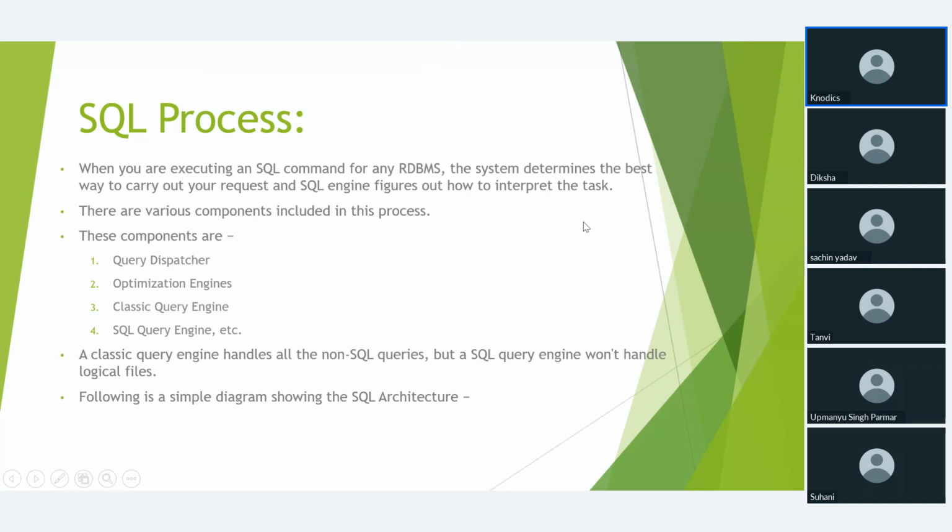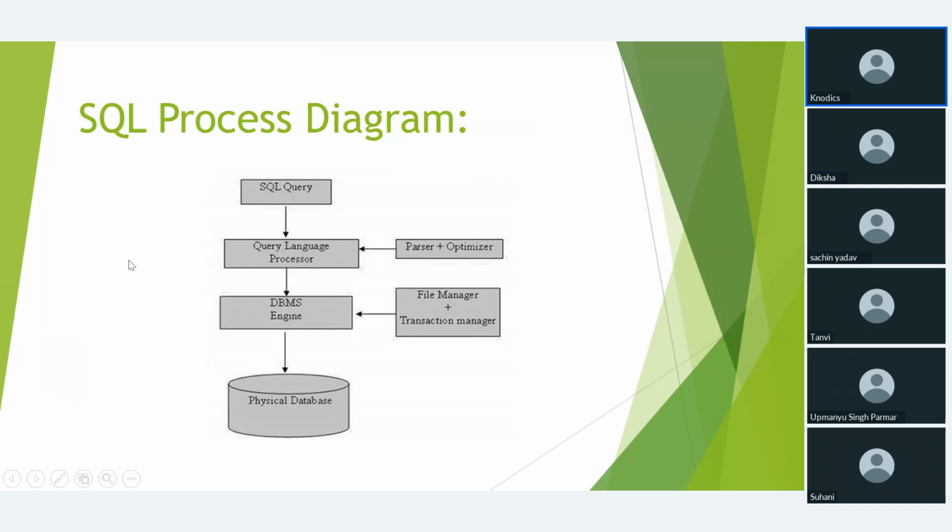So when you are working with the SQL process, here is a process diagram you can see. Whenever a SQL query is passed, it can be passed from anywhere. It can be passed from the front end coding side to the middle area, or it can be given directly on the SQL editor platform also.